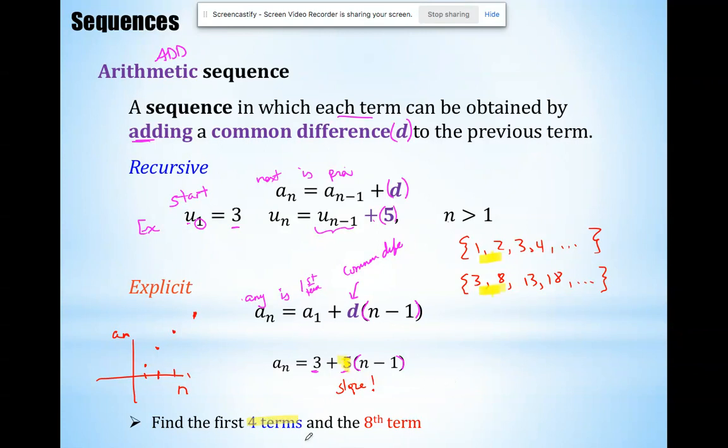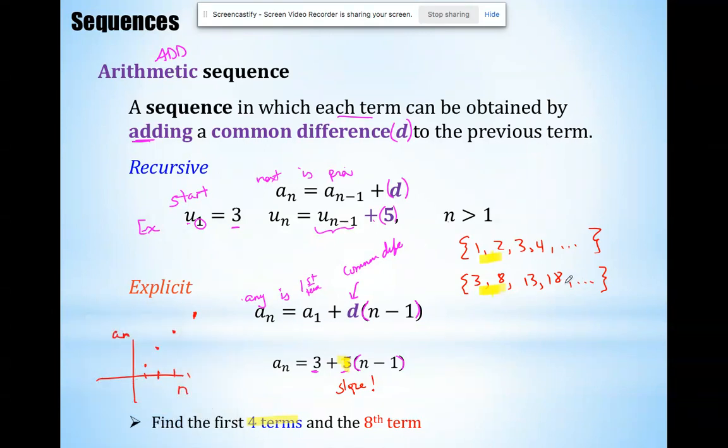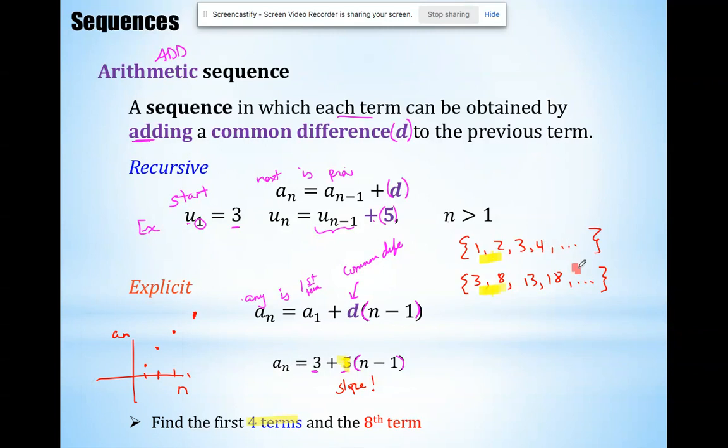Now, so we found the first 4 terms. What about the 8th term? I could keep going with my list, couldn't I? I just could keep adding 5 and 5 and 5. 18 plus 5. Plus 5. Plus 5. Plus 5.